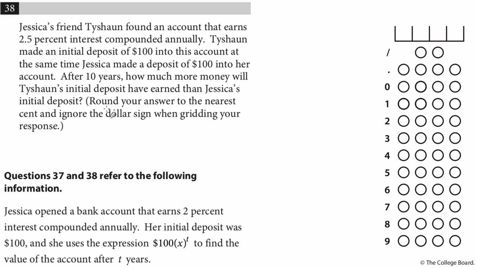Okay, so let's see, we have J and T. So J will equal 100 times 1.02 to the lowercase t. T will equal 100 times 1.025 to the lowercase t.